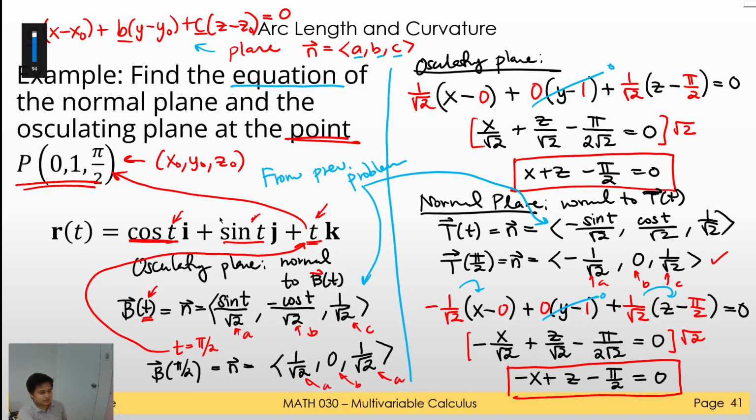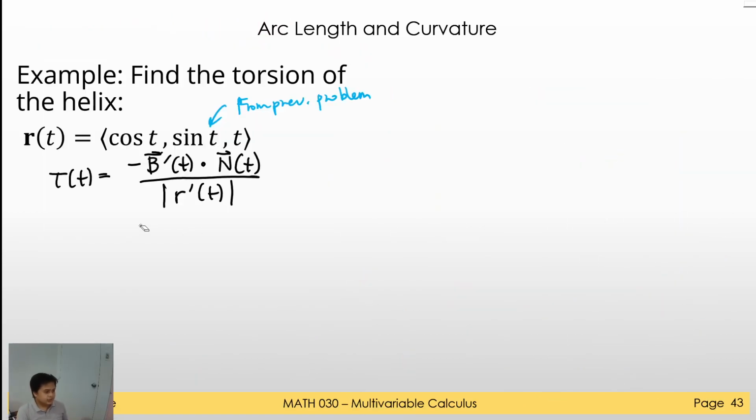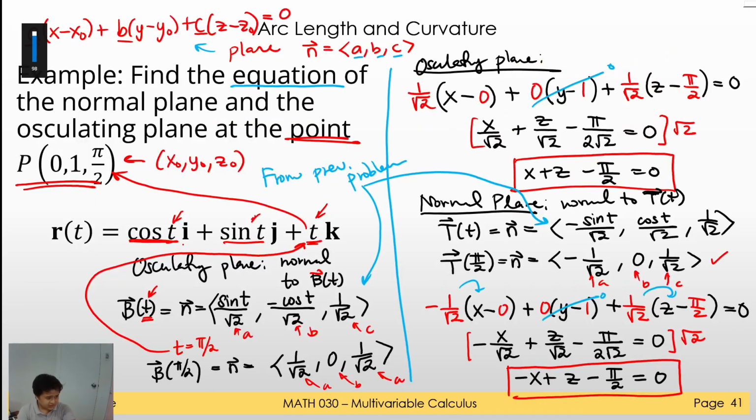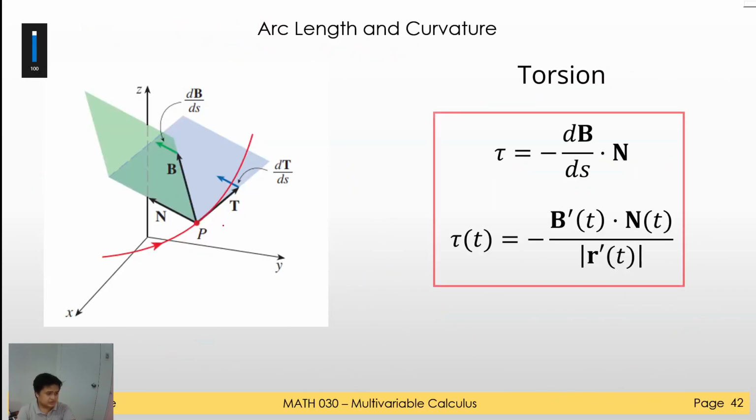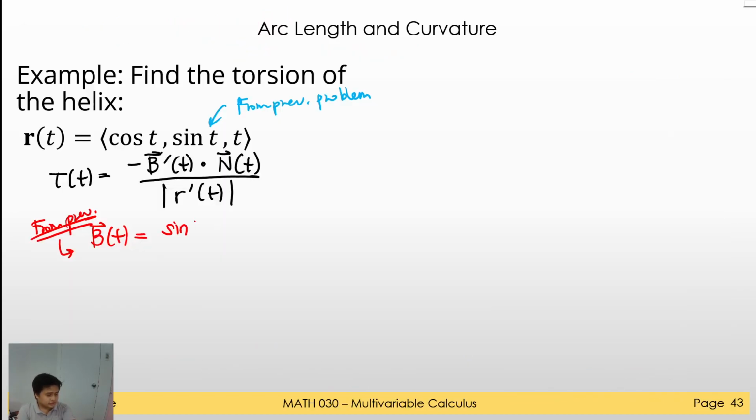But we know the binormal vector, so you can list down the givens. From the previous problem, the binormal vector is equal to sine t over square root of 2, negative cosine t over square root of 2, and 1 over square root of 2.